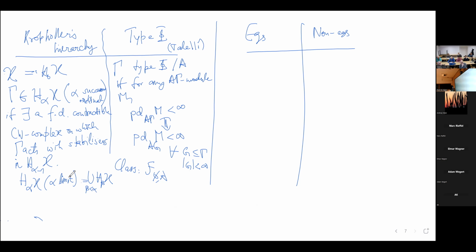And HX is just, so if I write gamma is in HX, it means gamma is in H alpha X for some alpha.